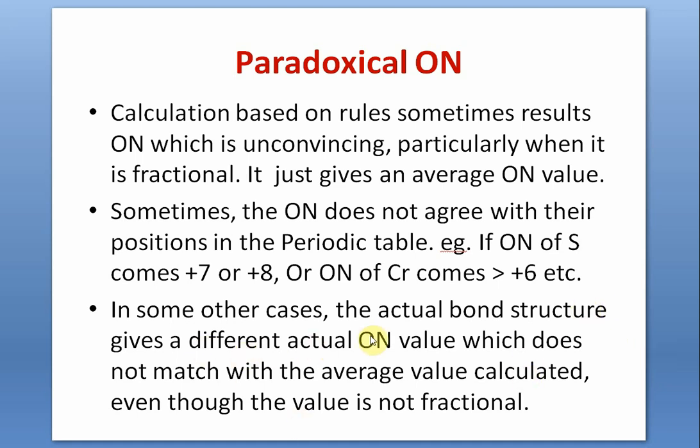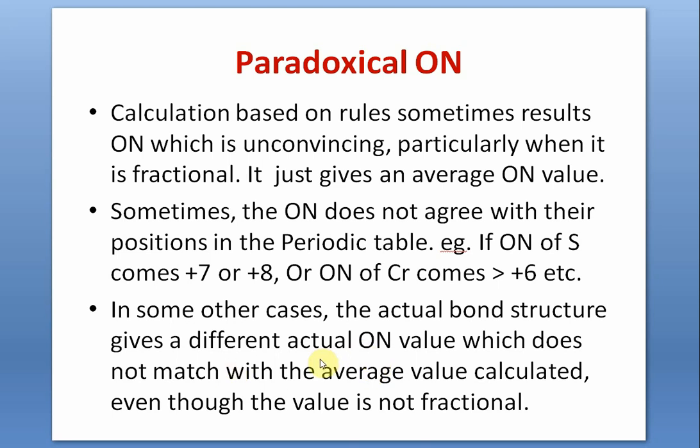In some other cases, the actual bond structure gives a different actual oxidation number, although the calculated value apparently looks convincing, not exceeding the group number and not fractional, and still it is not correct. In that case, you have to know the bond structure.